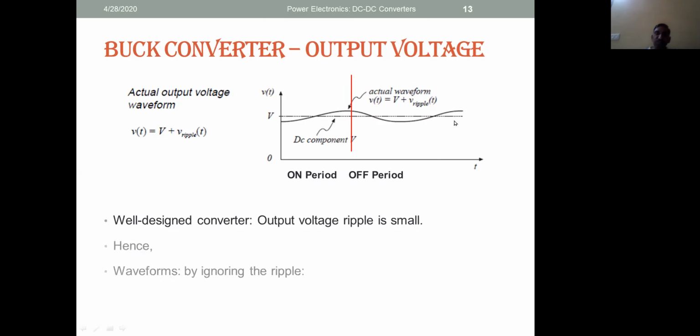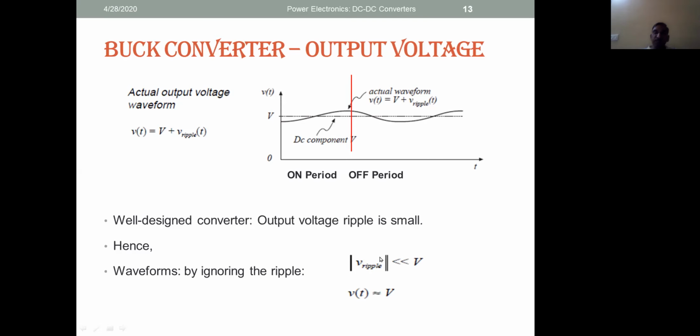For well designed converters, the output voltage ripple, from this to this, is very small. But when this portion has to be very small, we can ignore the ripple, but it increases the switching frequency in this context, and which generates some switching noise also.